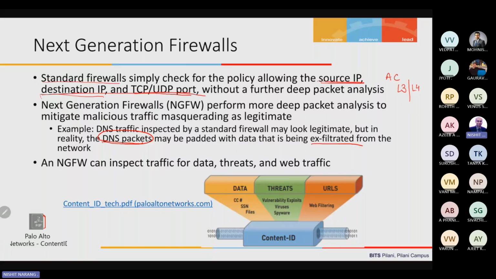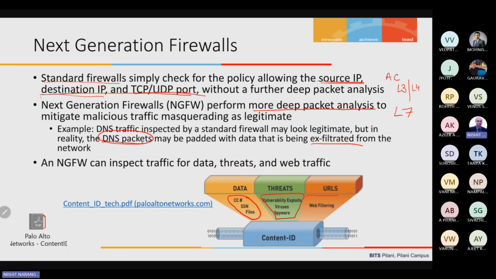And therefore, next generation firewalls are today becoming the mainstay for network security because they perform a deeper packet analysis. Deep in the sense that they can go right up to layer 7, the application layer, to investigate what is being carried inside the data and whether that data contains any confidential information like credit card numbers, social security numbers, or company confidential files, whether the data is trying to exploit known vulnerabilities in systems, or is carrying some kind of viruses or spyware, or even malicious URLs.